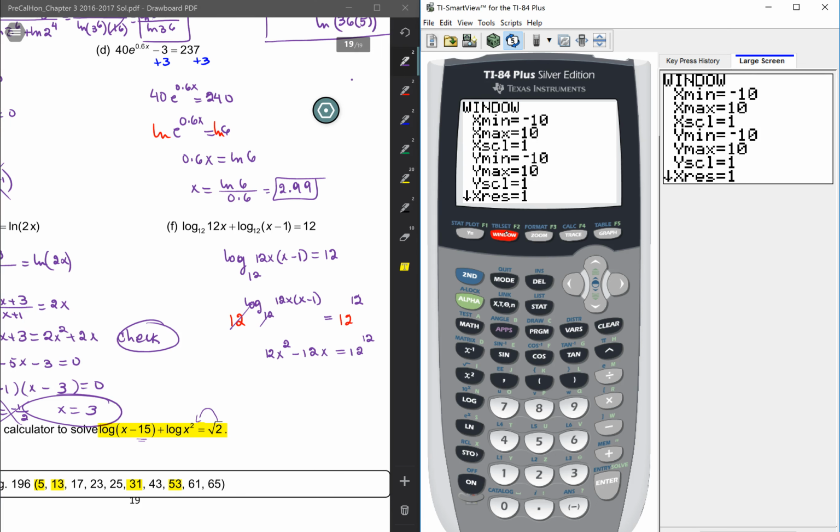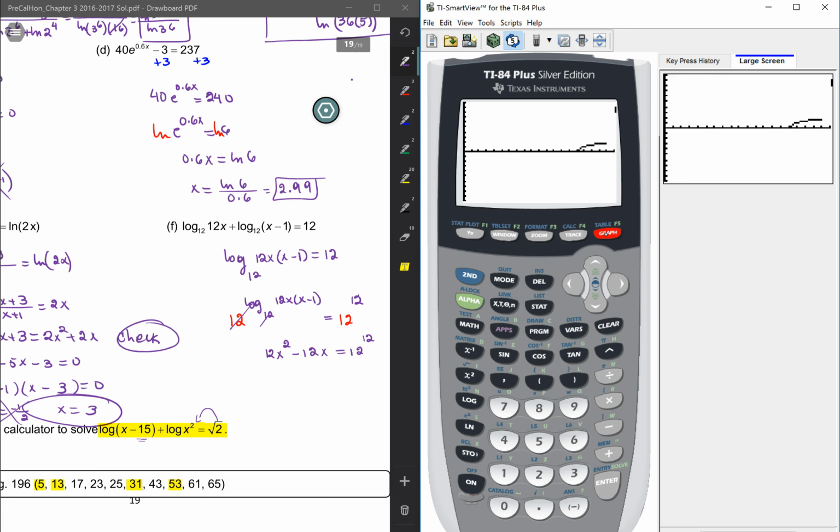So why don't we go x min from 0 to, oh, I don't know, let's make it 20. Graph. There you go. You see a little bit of something there, right? Okay, so does it cross the x-axis though? What's happening there? Let's trace. Okay, so at x equals 10, there is not going to be anything because this doesn't start until all the way here. So let's just keep moving.